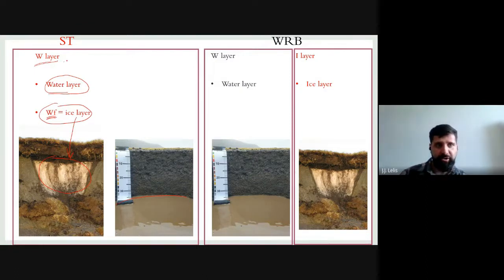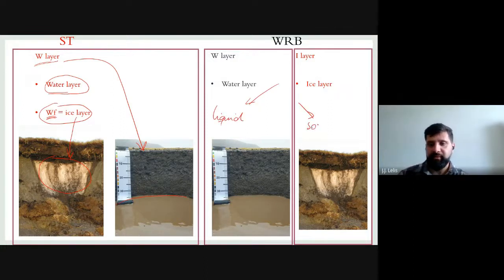You just use W for the liquid layer. It's not a problem, they are the same. In the World Reference Base for soil resources, we differentiate them into liquid and solid layers. If you have a solid water layer, you have an I layer.